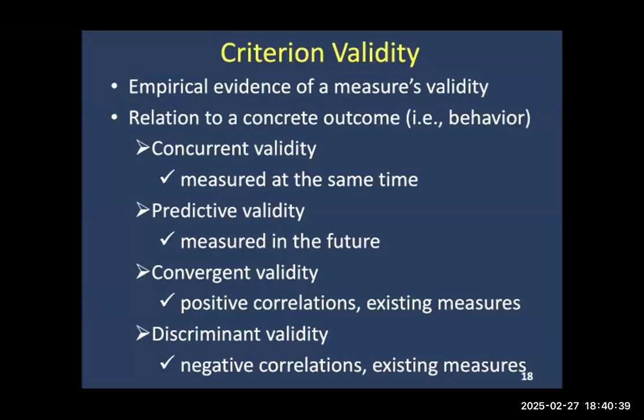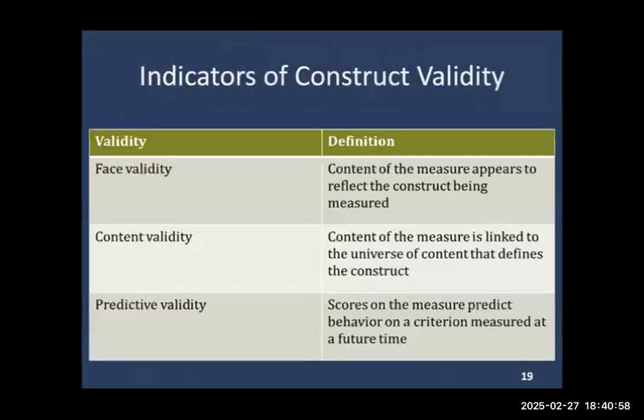So again, we have base validity, we have content validity, and we have criterion validity. These three are all part of construct validity. You should have all three. Ideally, you want to establish that you have all three in a measure that you use in your study. So here, indicators of construct validity: base validity, content validity, and criterion validity, of which predictive validity is part.